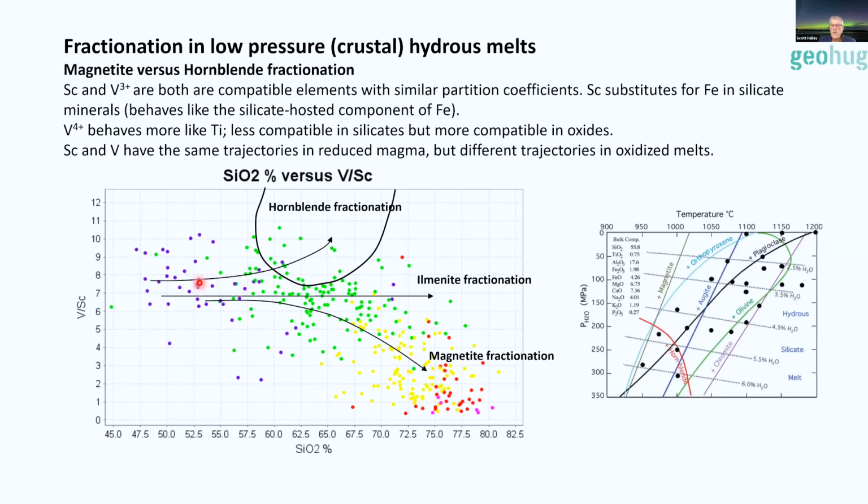So when we get crystallization of hornblende before magnetite, this fractionation trend goes the other way. And that's a really distinctive signature of porphyry copper melts. But it says something about the pressure conditions under which the melting is occurring.